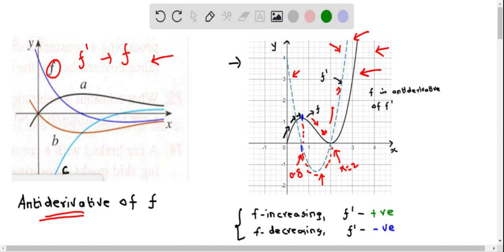So let's do that. Let's start off with the graph we assume is f prime. Starting from this point, in this interval till this point, we can clearly see that it is positive, which means its original graph should be increasing. We can see that this graph A, which is showing up in black color, is increasing.